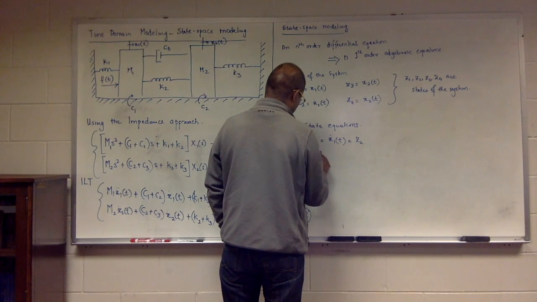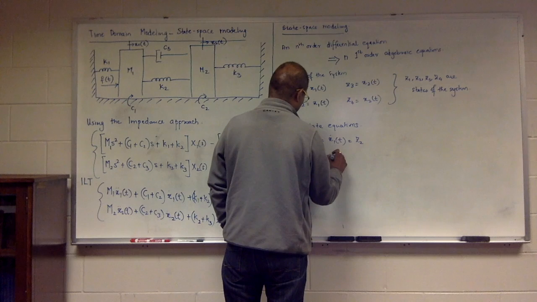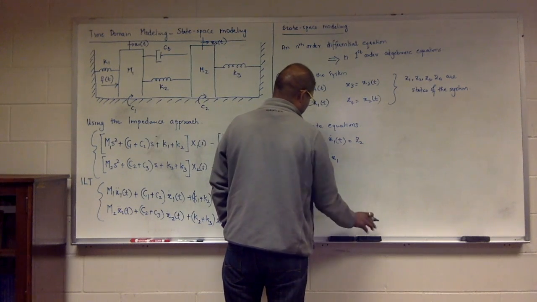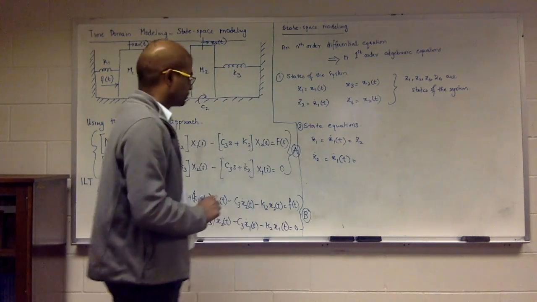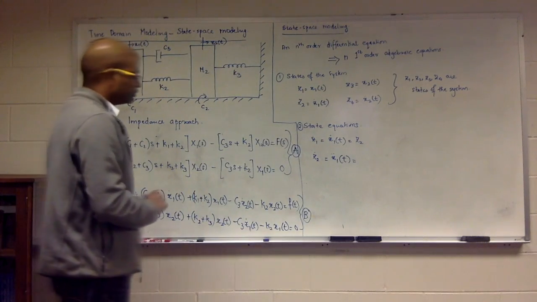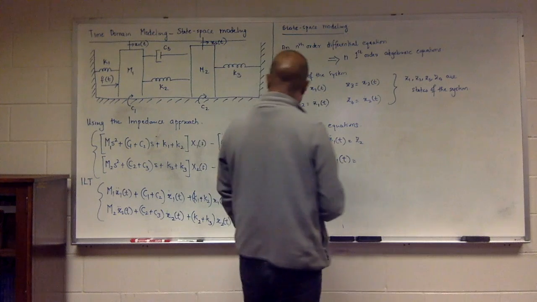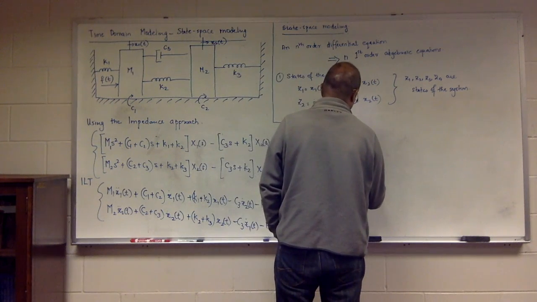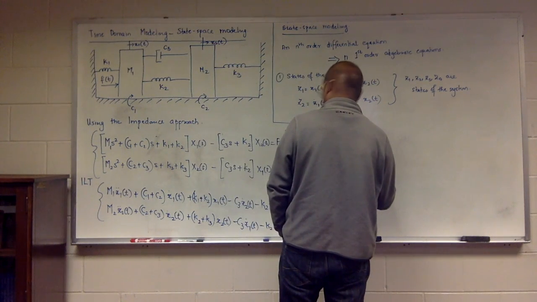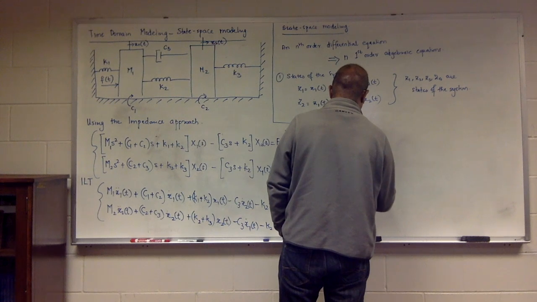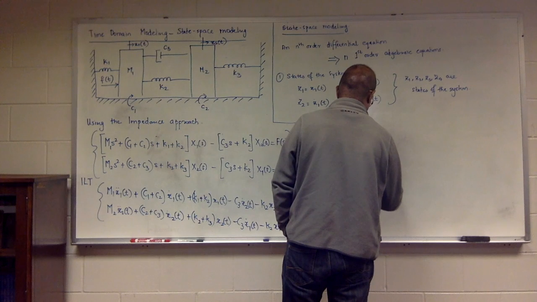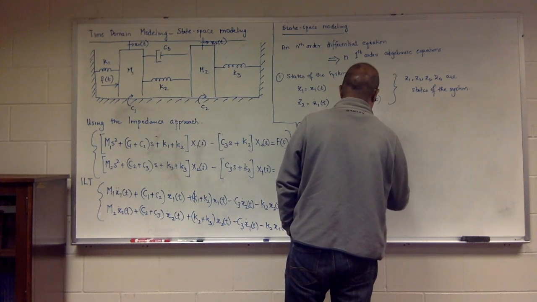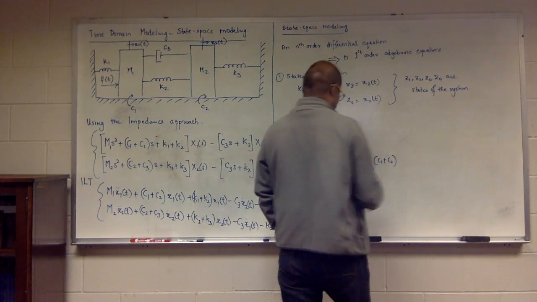Similarly, z2 dot is what? x1 double dot, which is equal to minus... this can be slightly overwhelming. Okay, I would urge you to pay attention here.